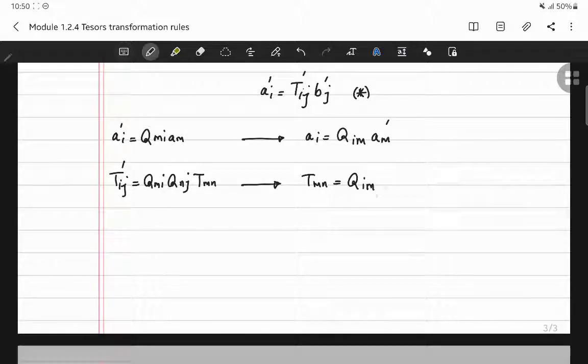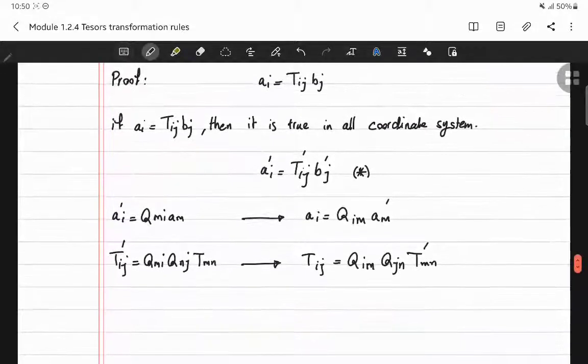This is Q_nj, so it becomes Q_jn, and then we have this is ij. This becomes T prime mn.